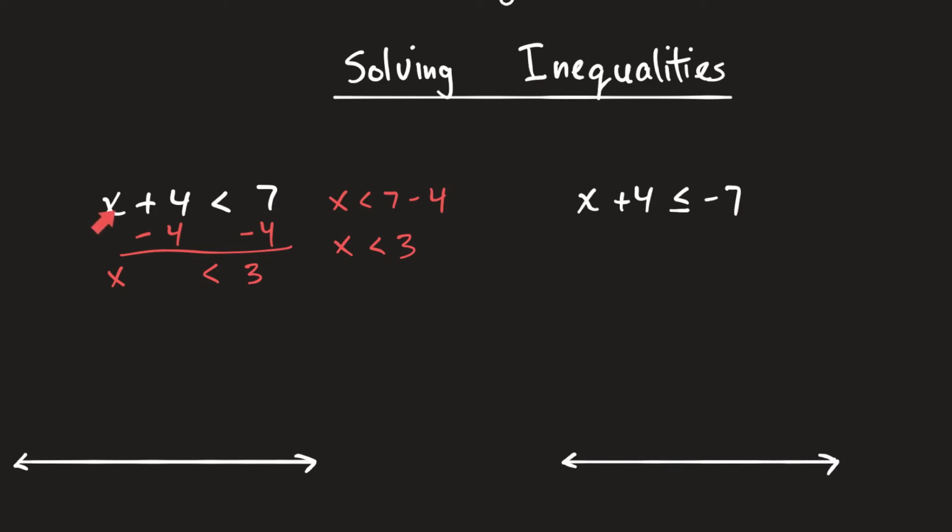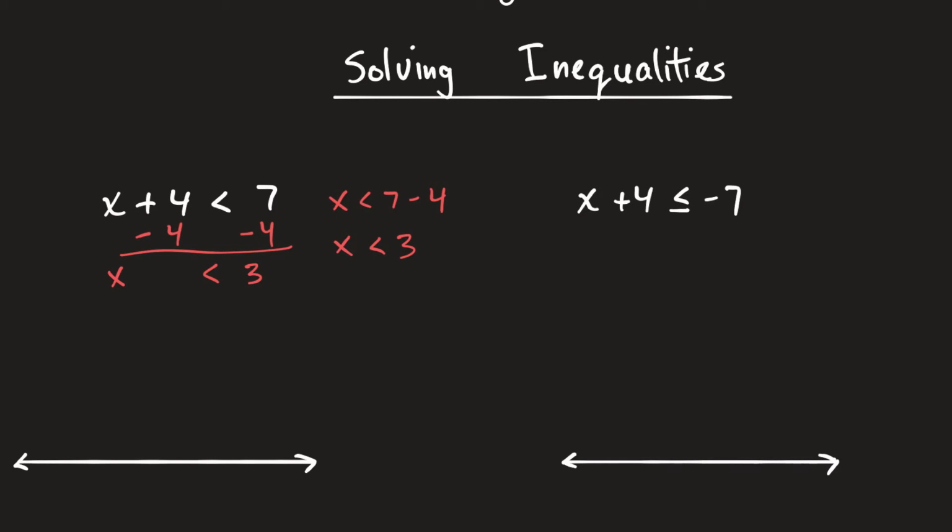Because if I put 3 in for x, 3 plus 4 is equal to 7. 3 plus 4 is not less than 7, 3 plus 4 is the same as 7. So that's why you have to put the entire statement. All the numbers smaller than 3, because 3 plus 4 is exactly 7. So this has to be something smaller than 3. And if you have something smaller than 3 plus 4, that would be something smaller than 7.